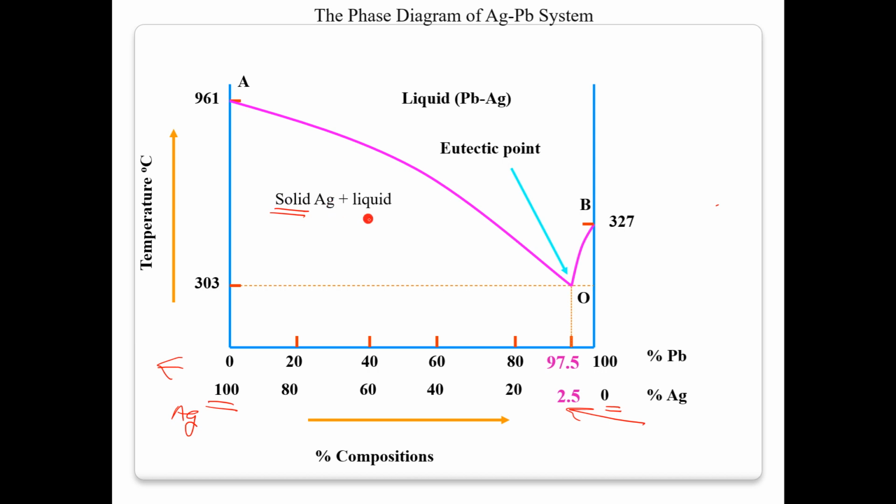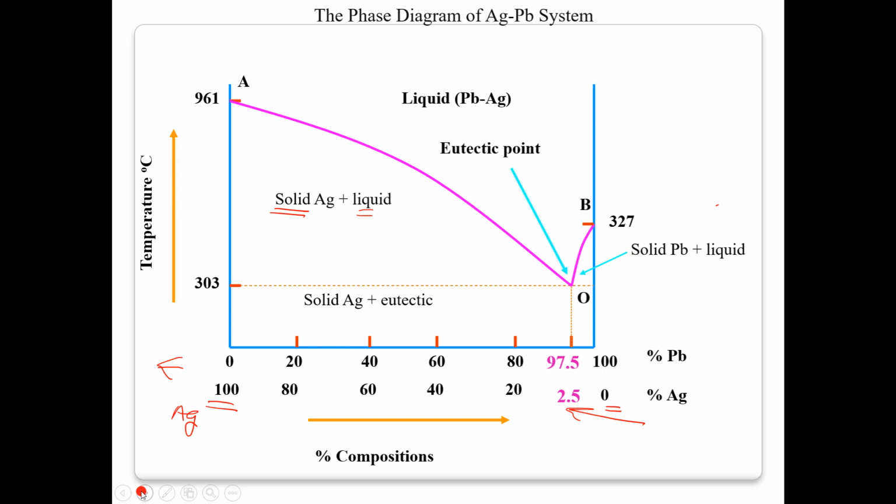So we have a solid silver and liquid system, and on the other side there is a higher percentage of lead, so the percentage of lead increases from left to right. So definitely in this area there will be a solid silver and liquid mixture. And we will talk about the eutectic mixture later.